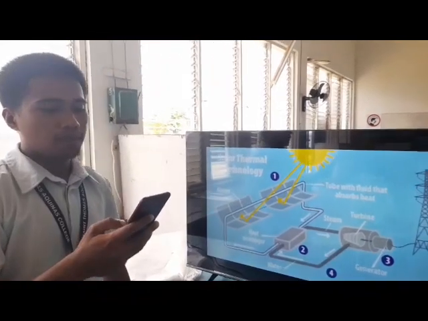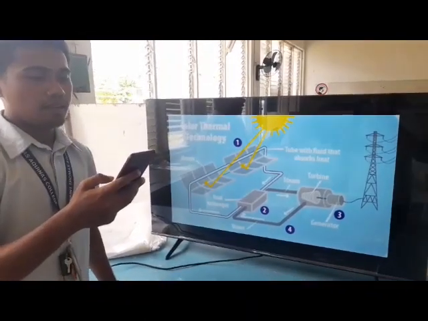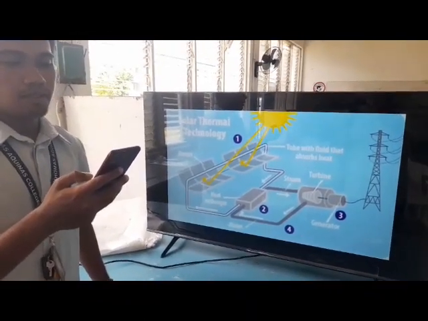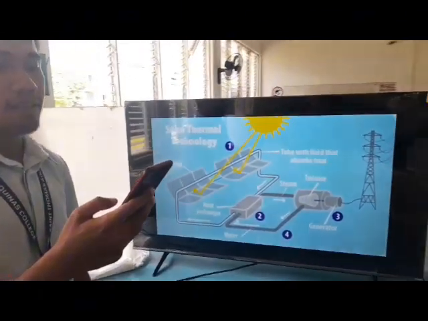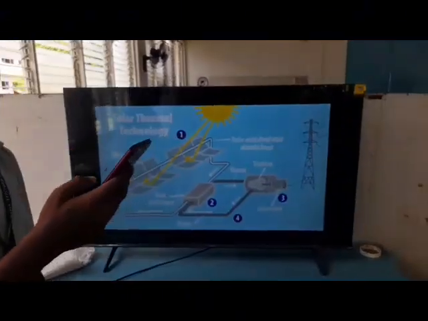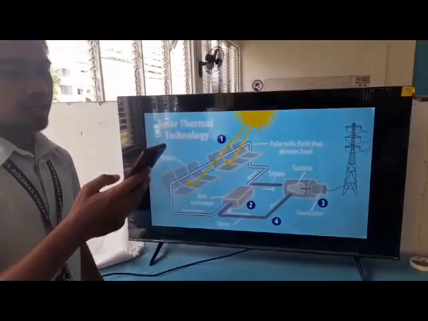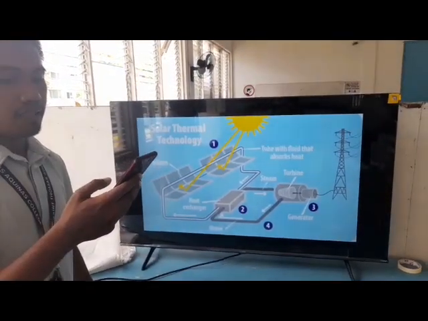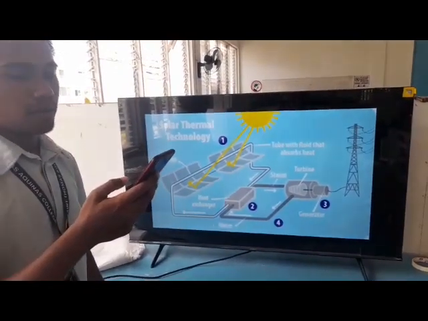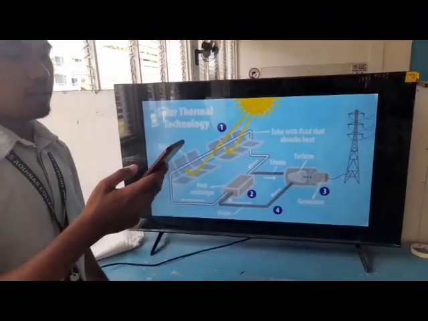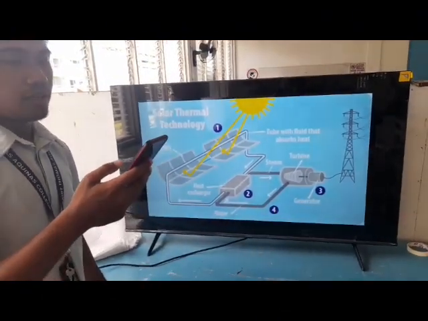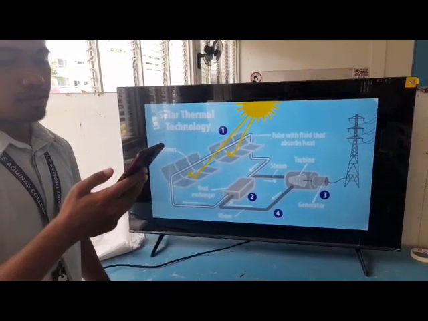Of solar thermal power conversion method. A solar thermal power conversion system typically consists of various components that work together to capture sunlight, convert it into heat, and ultimately generate electricity. The main components of a solar thermal power system include solar collectors. Solar collectors are devices designed to capture and concentrate sunlight.